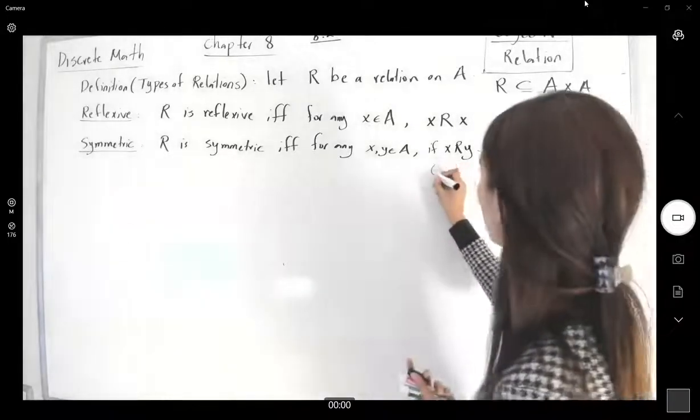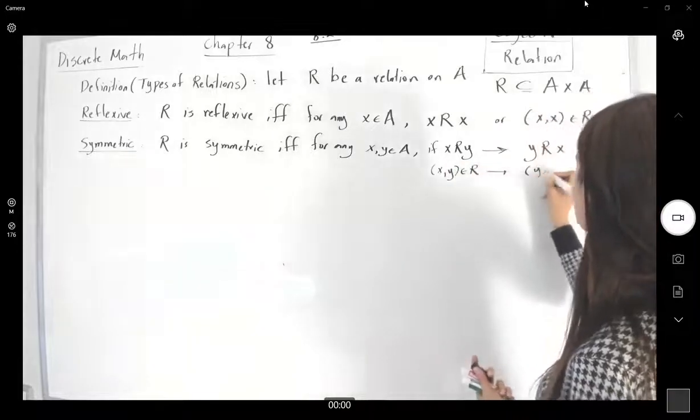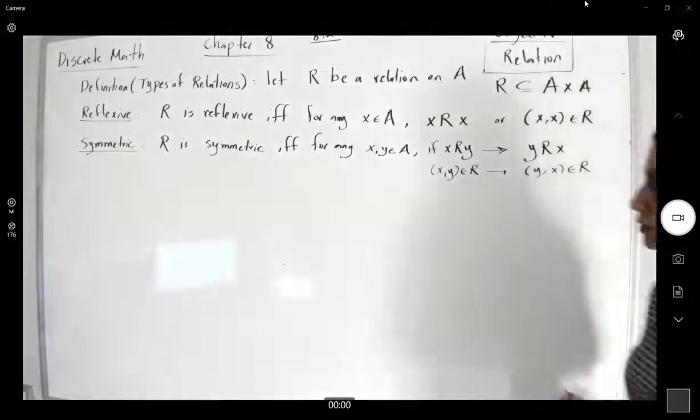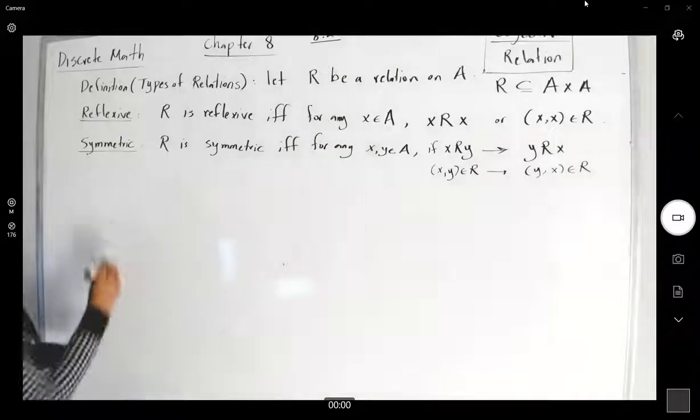Or if x and y is a member of R, you can conclude y and x is a member of R. And finally, we have transitive.